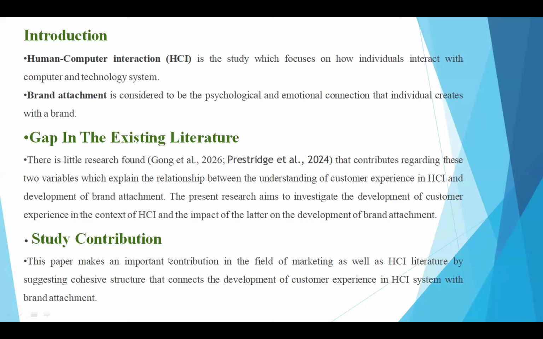The study identifies the factors that influence customer experience in human-computer interaction and how HCI subsequently influences brand attachment. This paper makes an important contribution in the field of marketing as well as HCI literature by suggesting a cohesive structure that connects the development of customer experience in HCI systems with brand attachment.